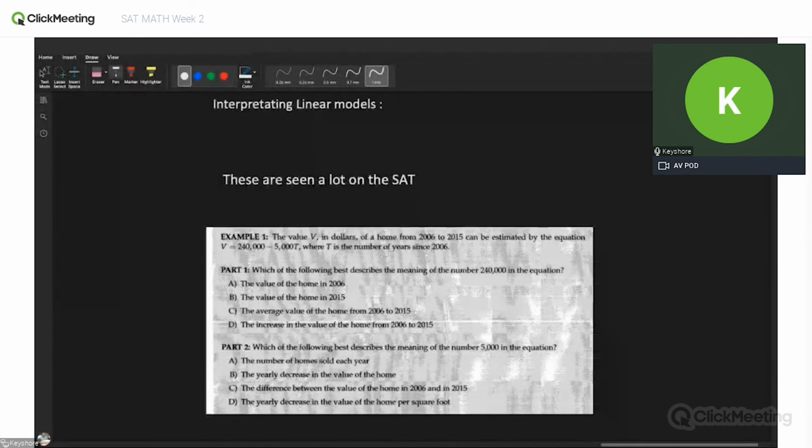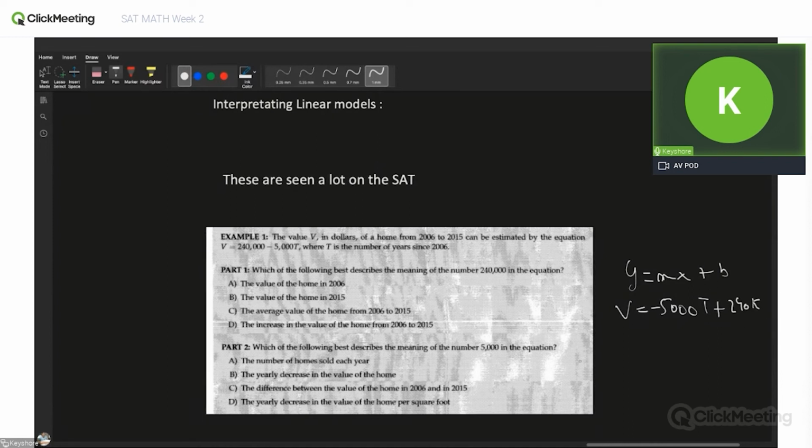Okay, good. So here's the first part. It's asking you which of the following describes the meaning of the number 240K in the equation. If you guys want to write this in y-intercept form, probably the easiest one to recognize what it means, you just have to take y equals mx plus b, and y here is V, which is the value of the home, equals m, and our m is negative 5,000 T plus 240K.